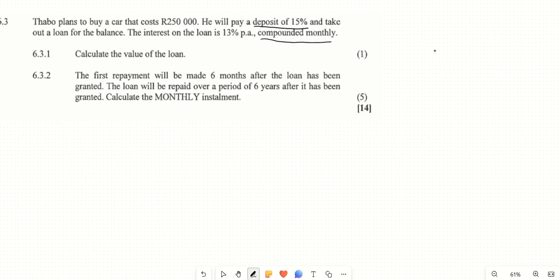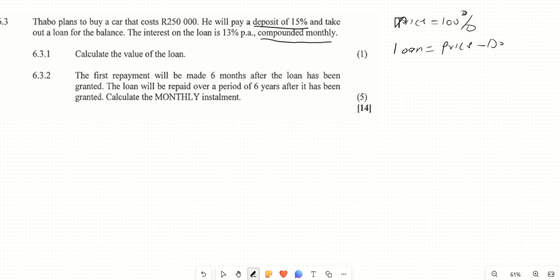So now, what do we do here? We must know that the price is 100%. So what do we do? We say that the formula for the loan is the price minus the deposit.